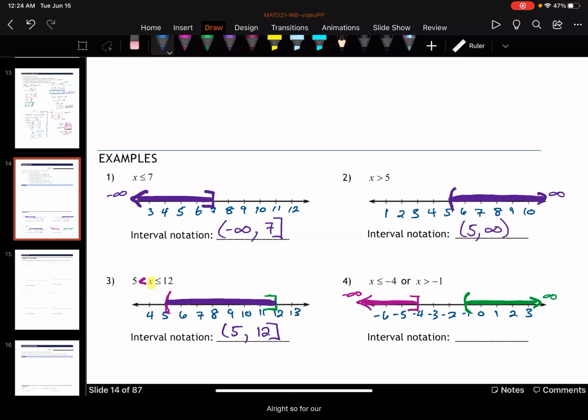All right, so for our first one, we would have -infinity with a parenthesis to -4 bracket, a capital U, that's the union symbol saying these two go together, and then we'd have parenthesis -1 comma infinity. All right, so we have two separate statements joined with a capital U.